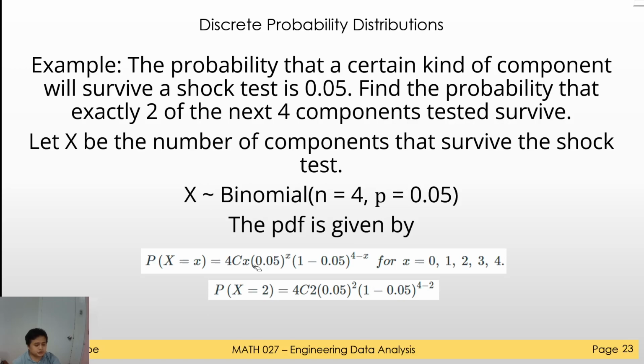Since we want to figure out the probability of exactly 2, we substitute x as 2. Then the probability of that happening is 0.0135, or about 1.4% that 2 out of the 4 components tested will survive.